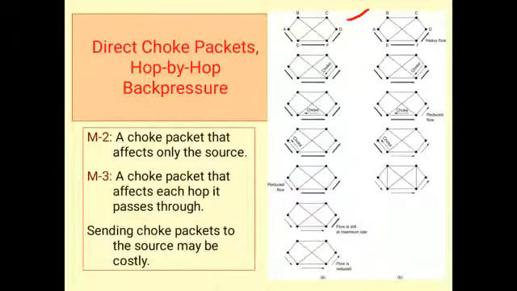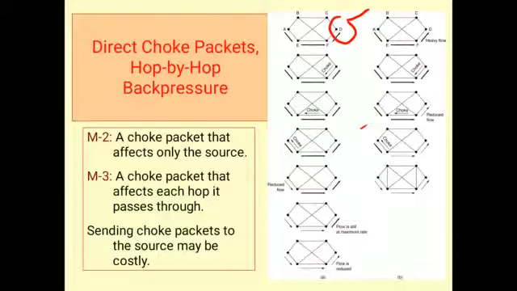At router D, the resource utilization value is greater than the threshold value fixed by the administrator. That means congestion has occurred at router D.